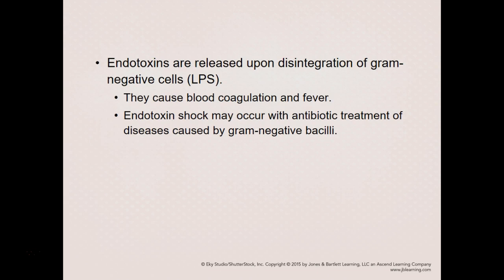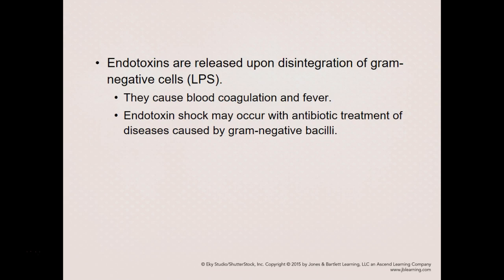Endotoxins then are released by only gram-negative bacteria, because endotoxins are part of the gram-negative bacterial cell wall. Remember that lipopolysaccharide that we talked about back in chapter 3 or 4, that we find on gram-negative bacteria.